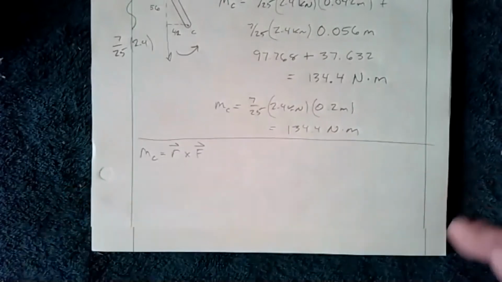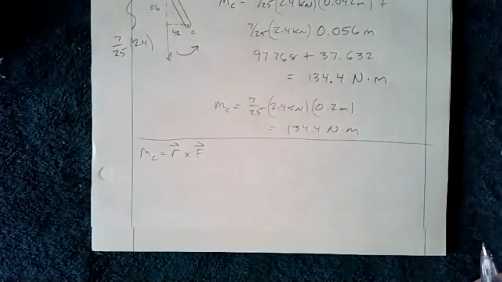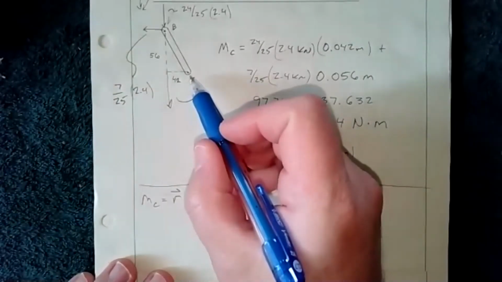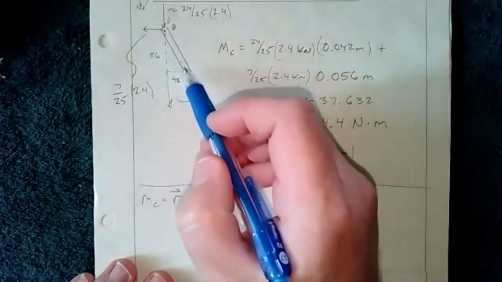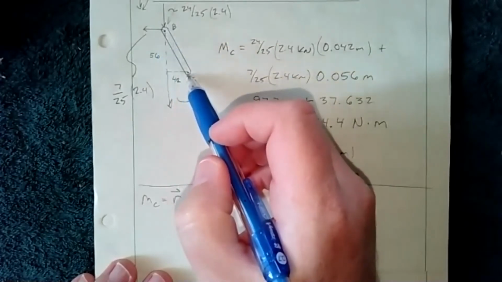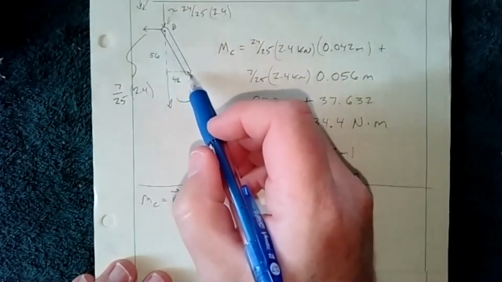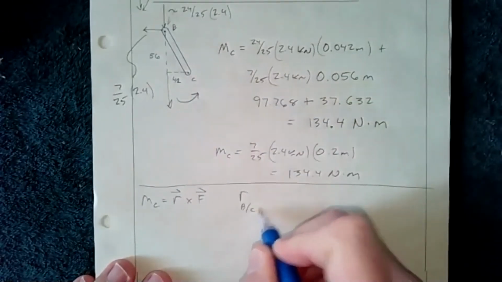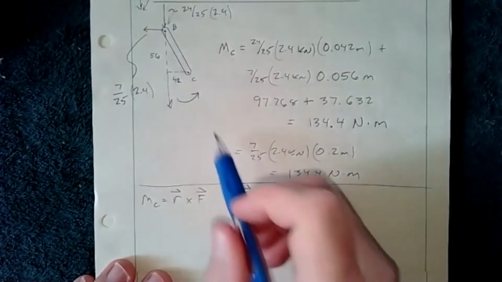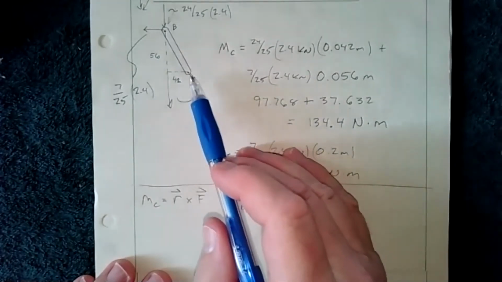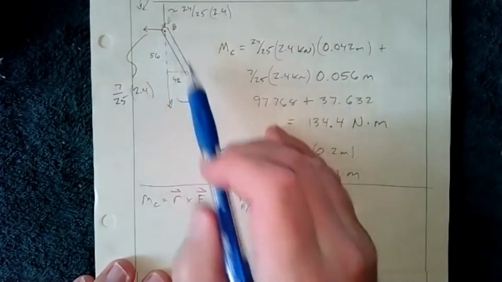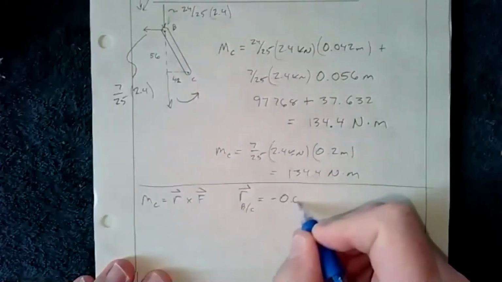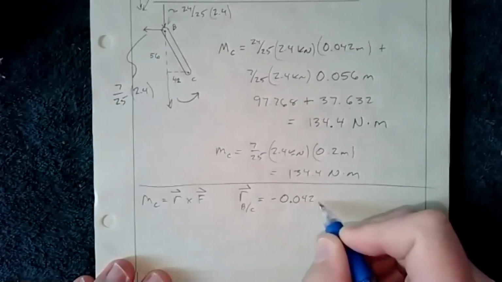But if we look at our drawing relative to C, and I'm just going to do it for B relative to C, so RB relative to C, what that means is that I'm going from the point of the rotation to the force. So if I do that, that's going to be negative 0.042 meters, right?